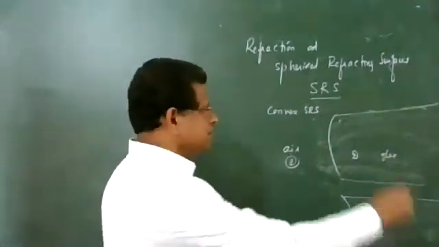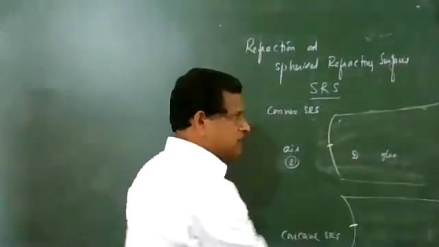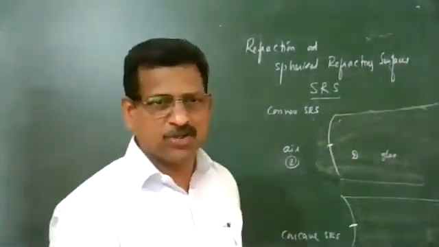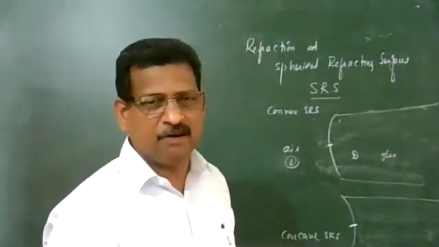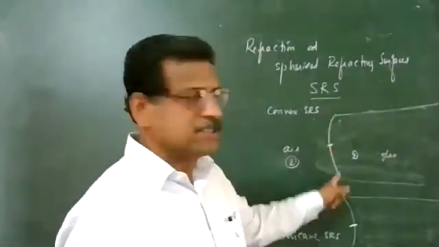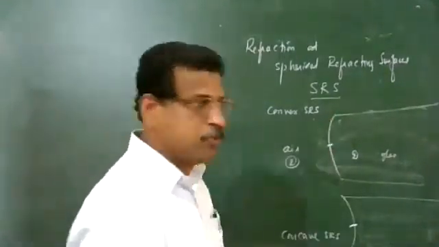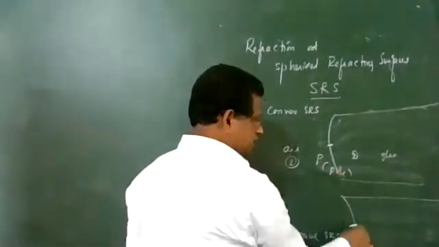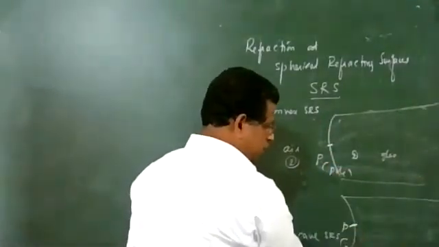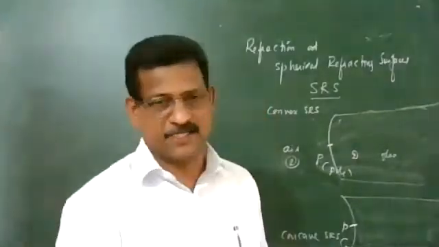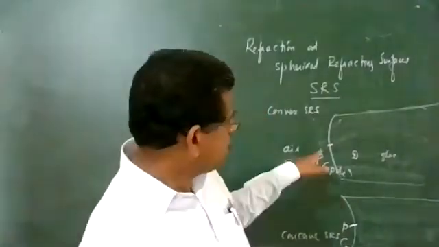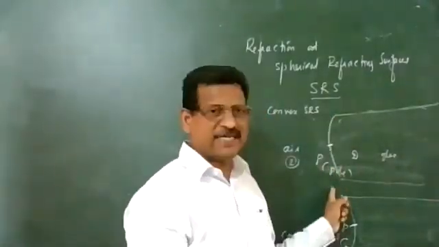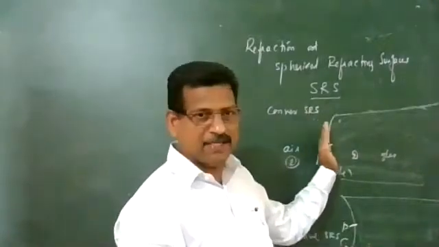Now, just like the mirror, the center point of the mirror we used to call pole. Here also the center of this spherical refracting surface is called pole. So this point P we call the pole of SRS. Now you can see this is convex SRS and it is curved like this.